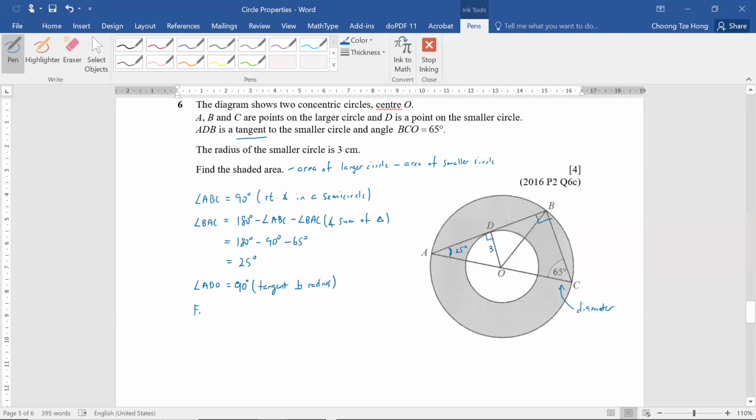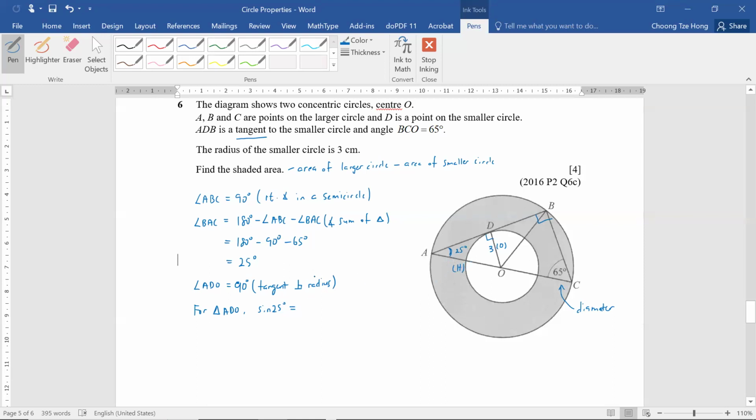For triangle ADO, we can apply a trigo ratio. We are going to apply sine because angle 25 is what we have, 3 is the opposite side, and OA is the side that we want to find, which is the hypotenuse. We want O and H, so we will use sine.